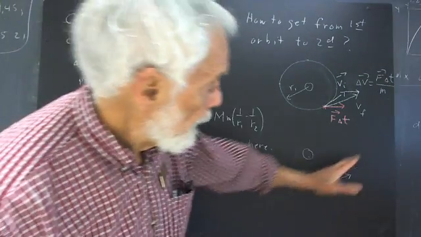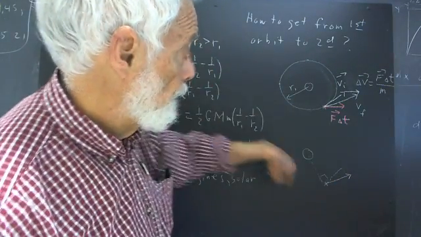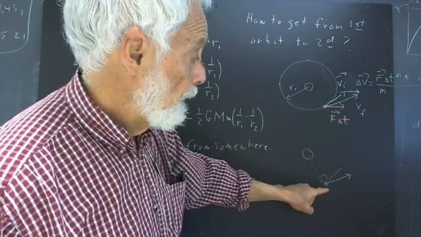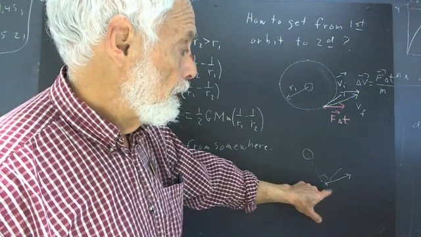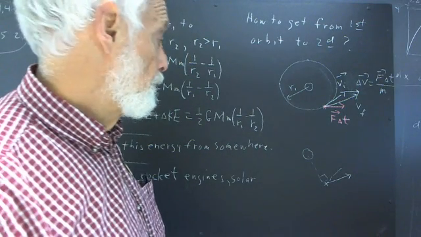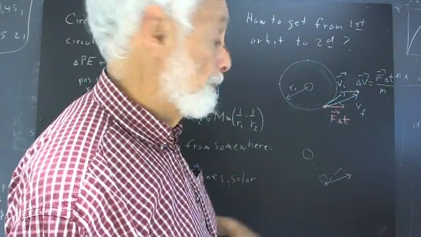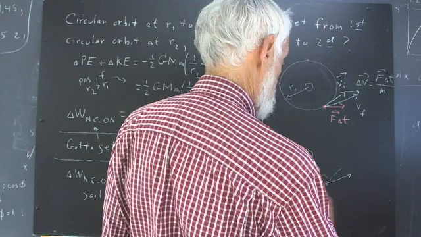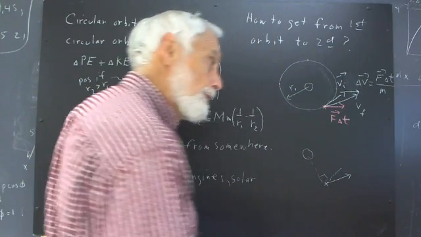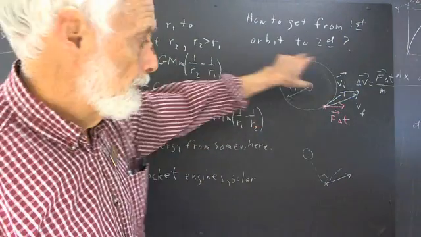But we have some direction that would be consistent with the circular orbit, and now our velocity is no longer in that direction. And it's no longer a velocity that's going to give us a circular orbit, because our speed has increased so that our kinetic energy is too great for an orbit at distance r1.